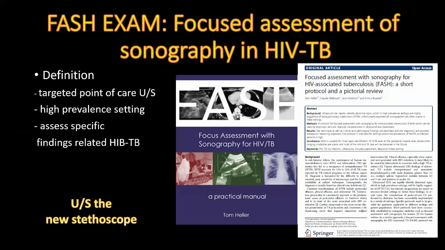So it was developed in 2010 by an infectious disease specialist in KZN, and it actually modeled the FAST exam and how short protocols were successfully established in the ED in a trauma setting, and took a similar approach and developed the FASH exam, but looking for common manifestations of extrapulmonary TB.